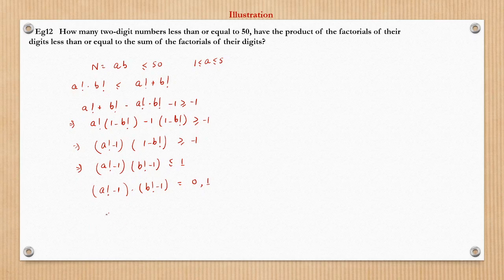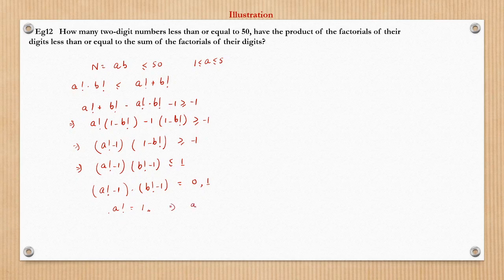So now let us see, can this a factorial minus 1 be 0? It means that a factorial is equal to 1, and a cannot be 0, we know that.